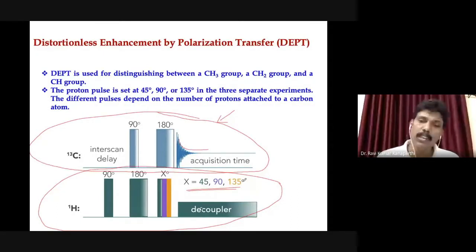On the other hand, you can do vice versa also: keep the resonating frequency fixed and vary the magnetic field of the spectrometer, so the nuclei present in a given molecule come and resonate, and you will see signals. Those are the old techniques, but later they were modified and we switched over to the pulse NMR technique. In pulse NMR, they use a band of frequencies rather than one frequency at a time.